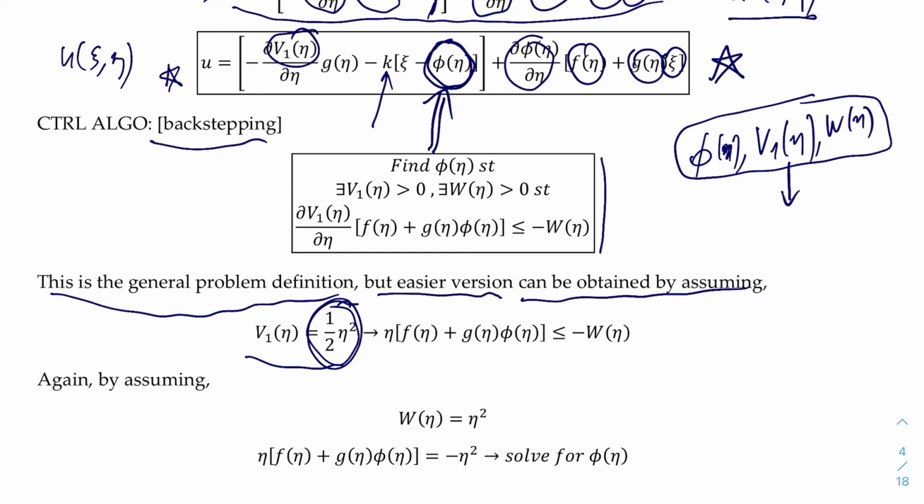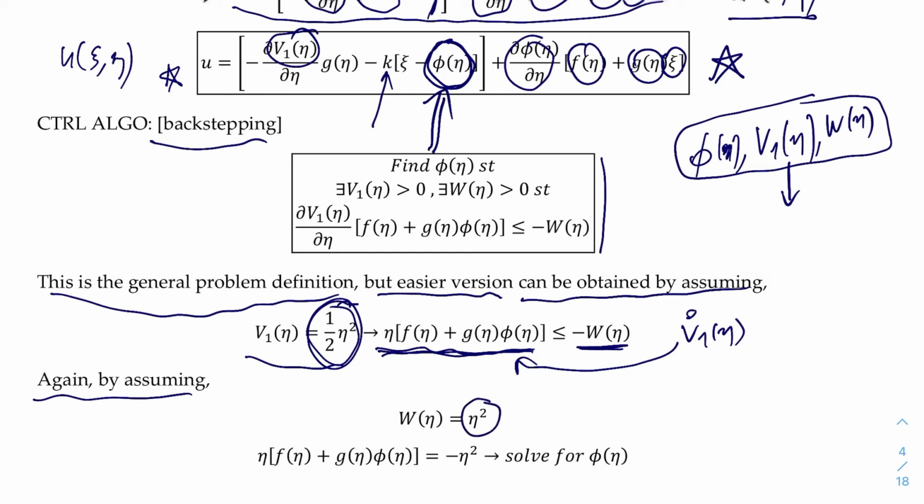And if you have eta dot, meaning this is v1 dot, you can write that. Again, by assuming, you can just assume this.